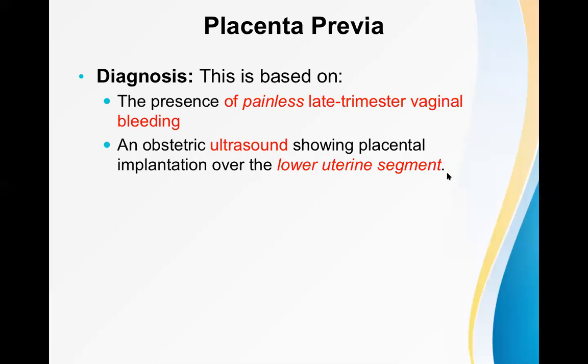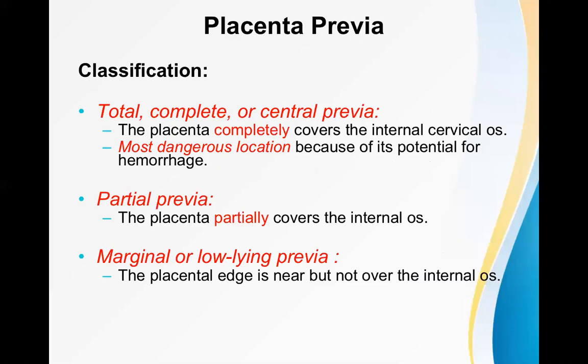Then the diagnosis is confirmed. Now let's classify placenta previa. What are the different types? They are classified under total, complete, or central placenta previa, partial placenta previa, or marginal or low-lying placenta previa.